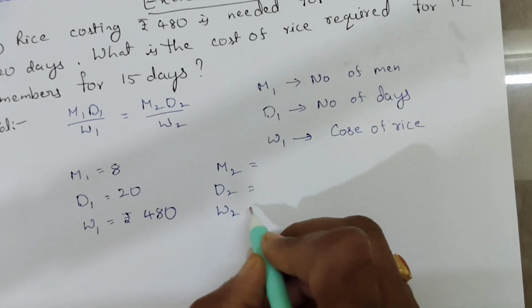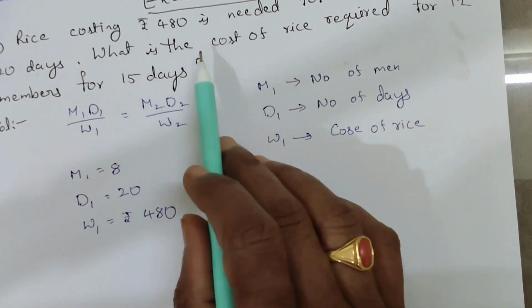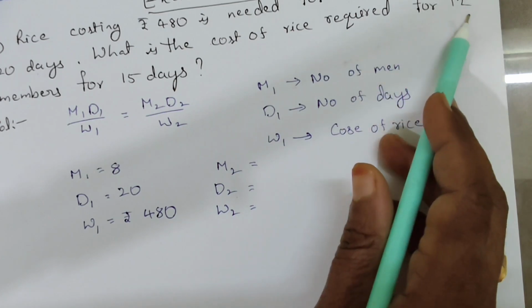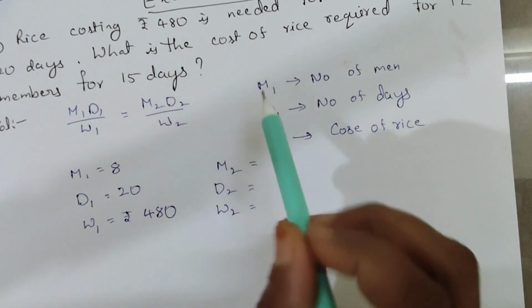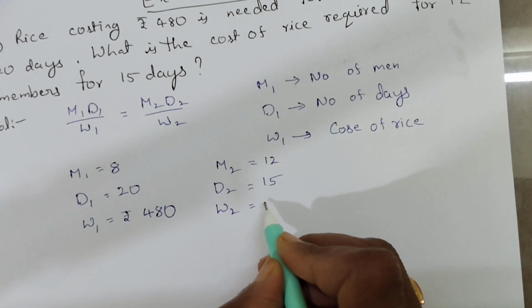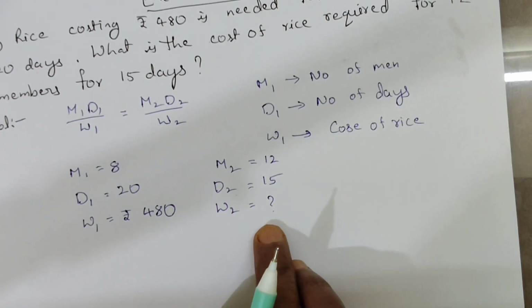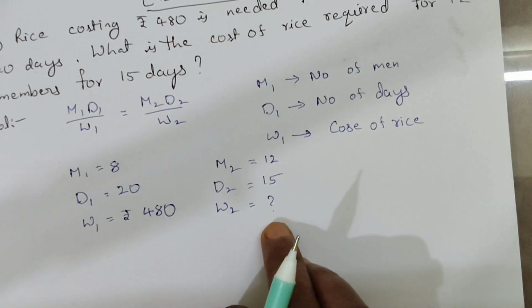Next, M2, D2, W2. M2 is equal to 12 members for 15 days, from the question: what is the cost of rice required for 12 members for 15 days? Here we find the W2 value, the cost of the required rice.